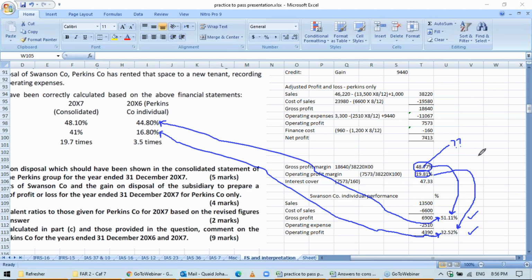So what happened is that Swanson was obtaining other facilities, like rent. They were saving rent. You can note over here that once the parent lost control over the subsidiary, the parent company asked for rent from the subsidiary company. So the subsidiary company has paid 4 months' rent to the parent company, because of which their operating profit margins would have decreased.